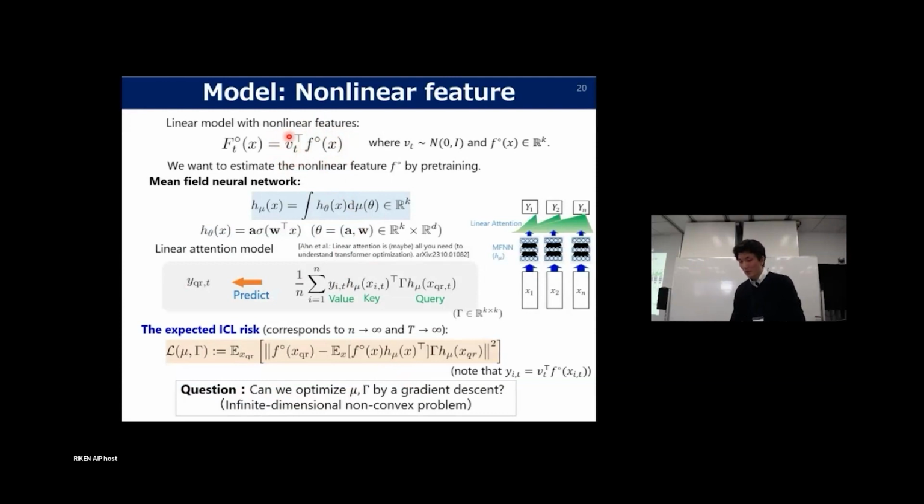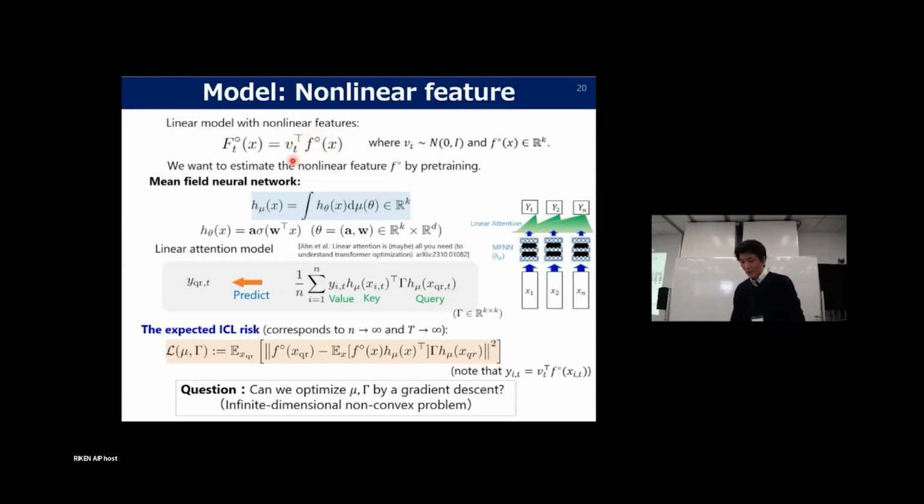So v_t transpose f^o(x) is the true function f_t at the t-th task. f^o is fixed across different tasks. What we want to do is to estimate these nonlinear features in the pre-training phase, and then estimate v_t in the test phase.